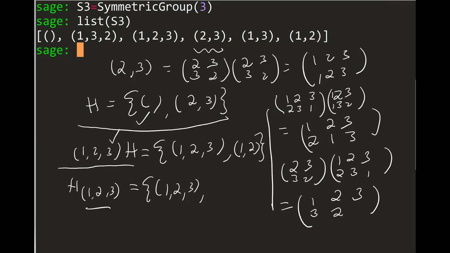So we get a 2, 3 to 1, and 1 to 1. So we get a 1. So we get (1 3). So what we notice here is that in this case, these are not equal, right? The left coset and right coset differ. So this subgroup that we are looking at is not a normal subgroup, right?